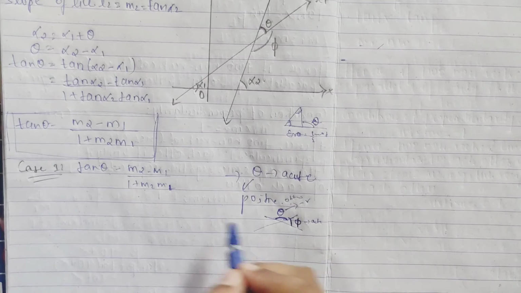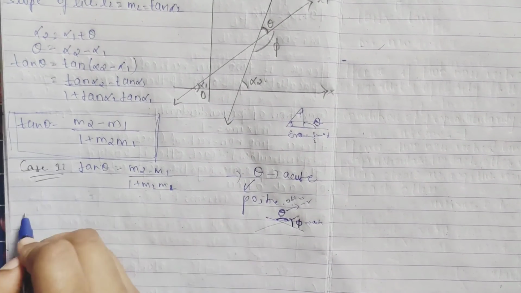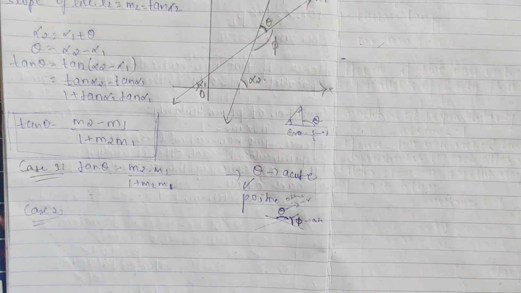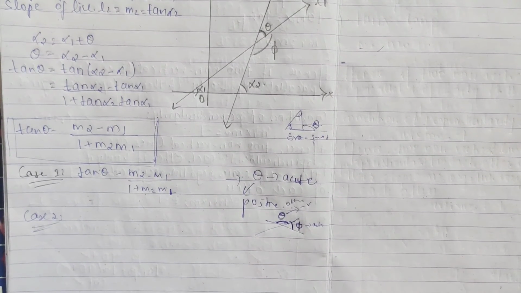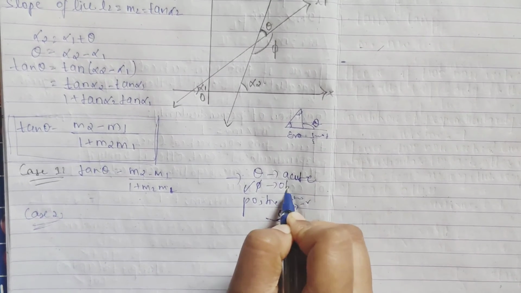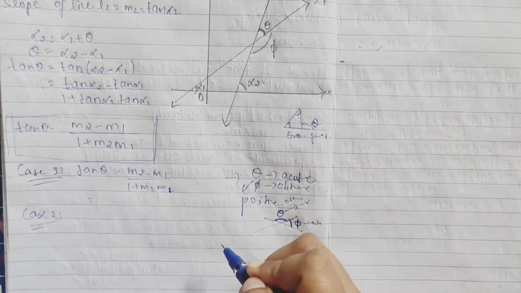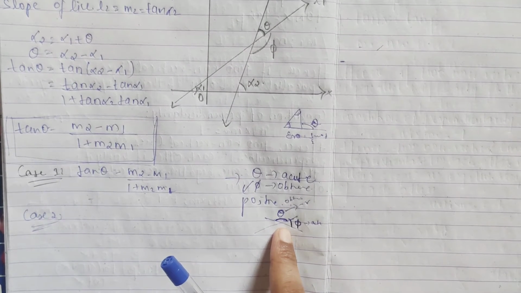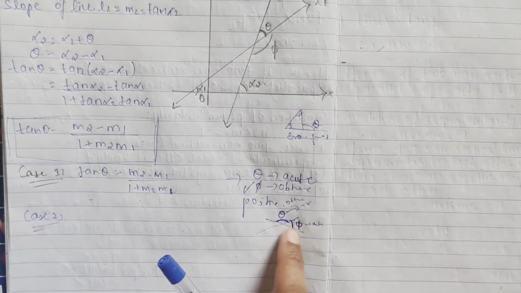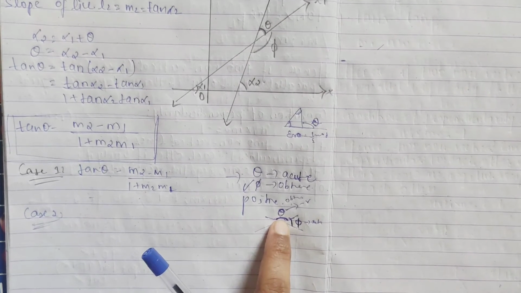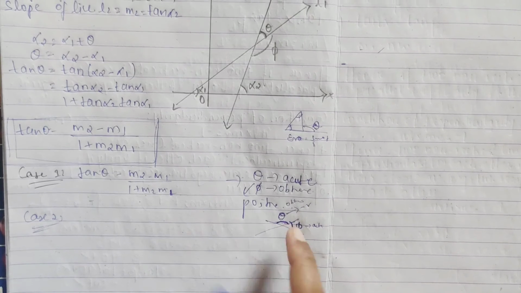this part becomes negative in your case 2. So obviously this factor also becomes negative. Here theta plays the acute role and phi plays the obtuse role. But if it is like this, tan theta becomes negative, right? And your tan phi will be positive, this will be negative, which means that your theta is obtuse here in your second case.